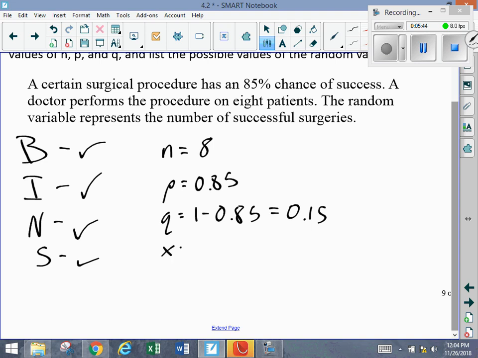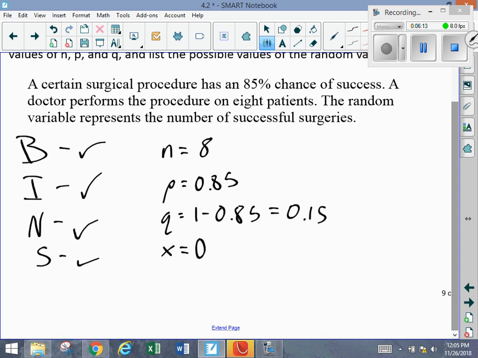Now we'll look at X. What are the different values that X can have? What we're saying is, how many different successes could there be? Well, the doctor out of 8 could have 0 successful surgeries.